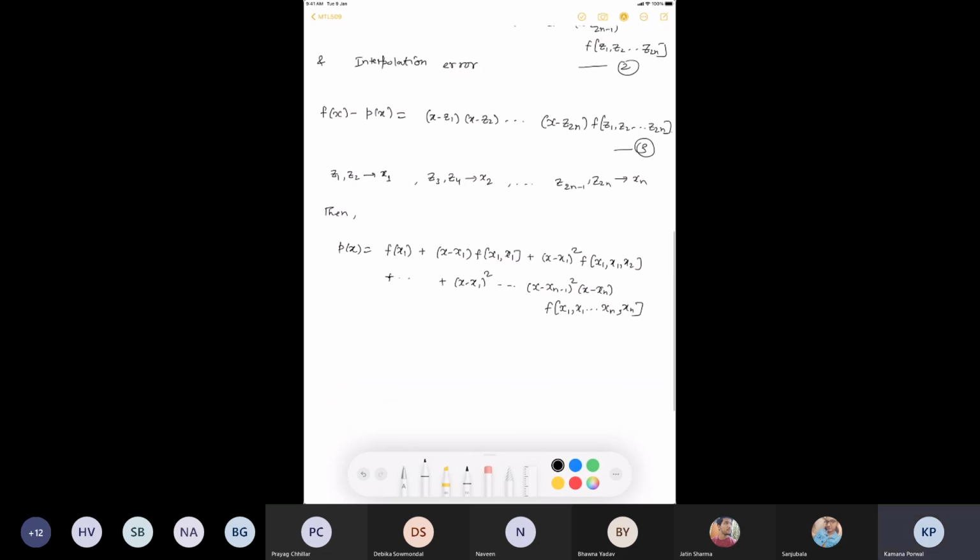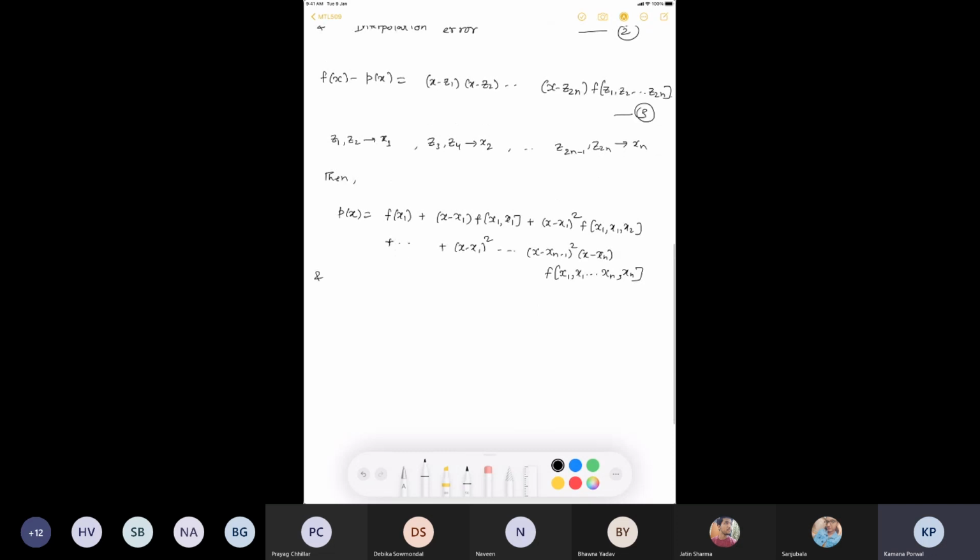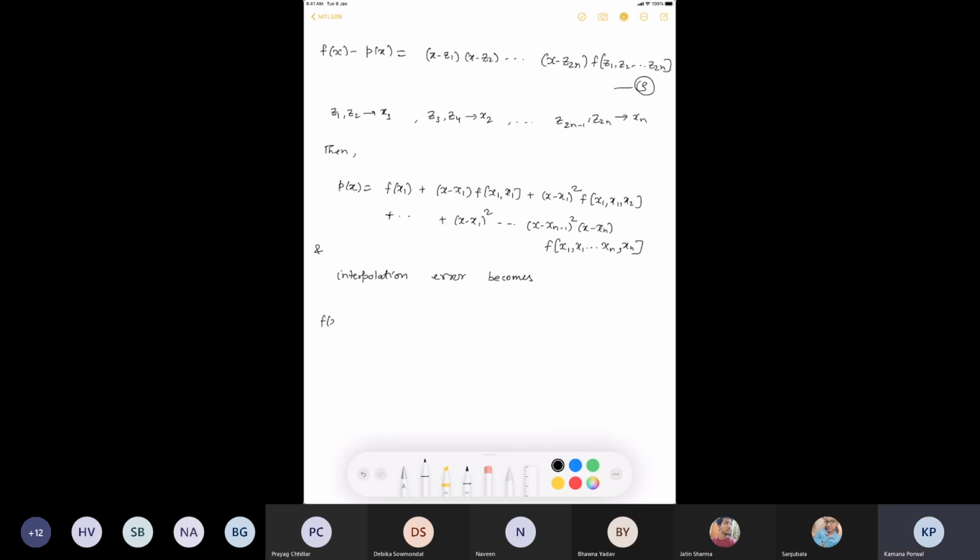Okay. And what will be the interpolation error? This is going to be f of x minus p1 of x.